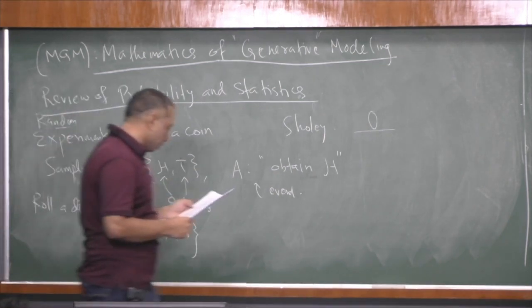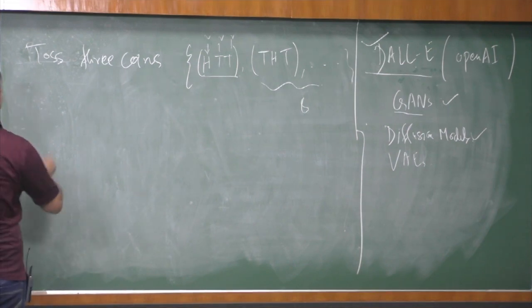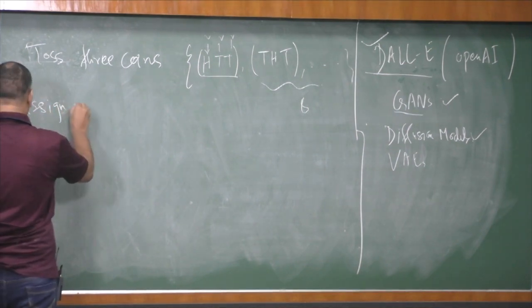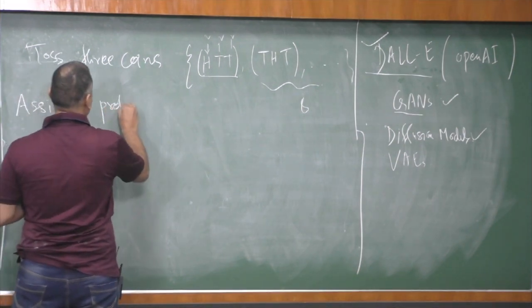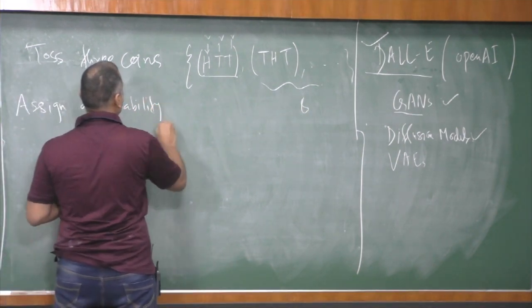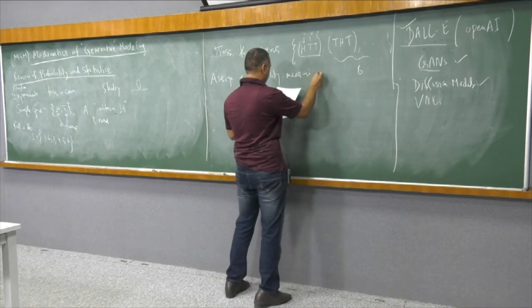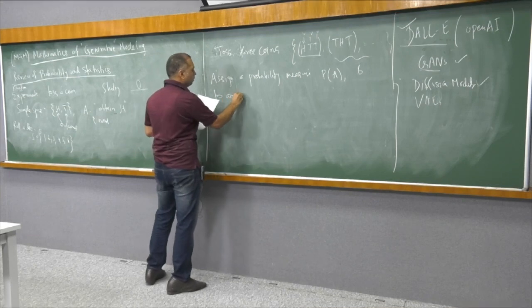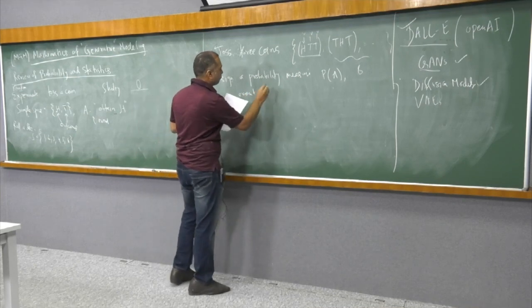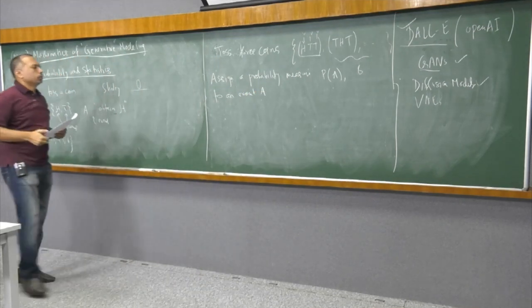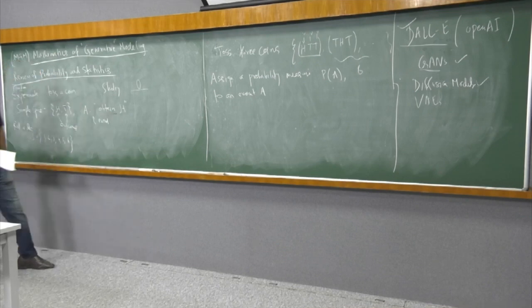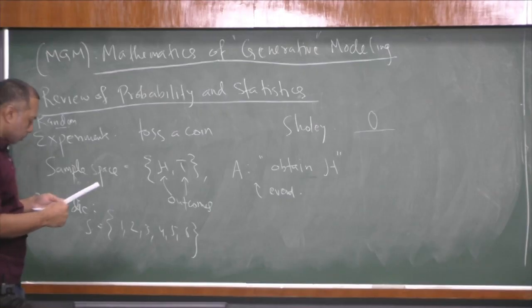So we assign a probability measure P(A) to an event A. Probability measure means what is the likelihood of that event happening.